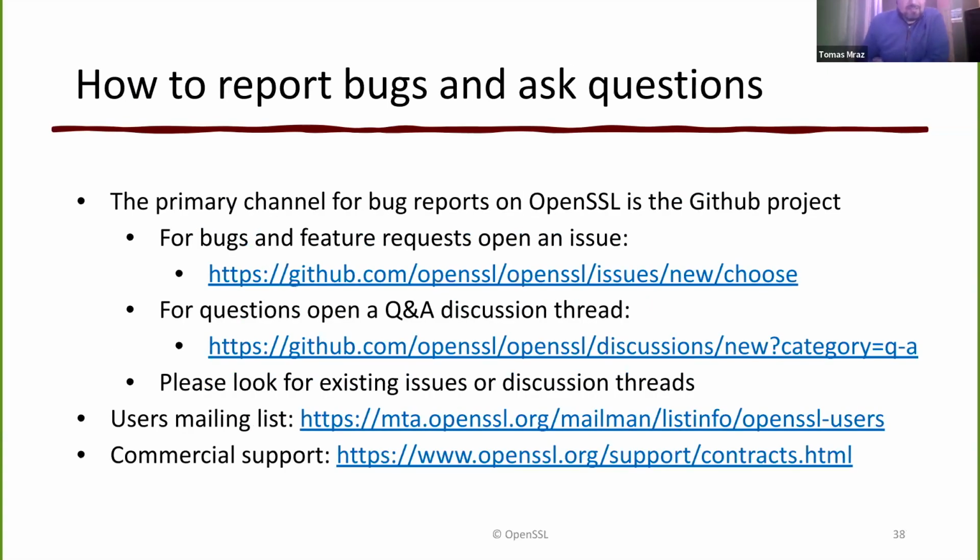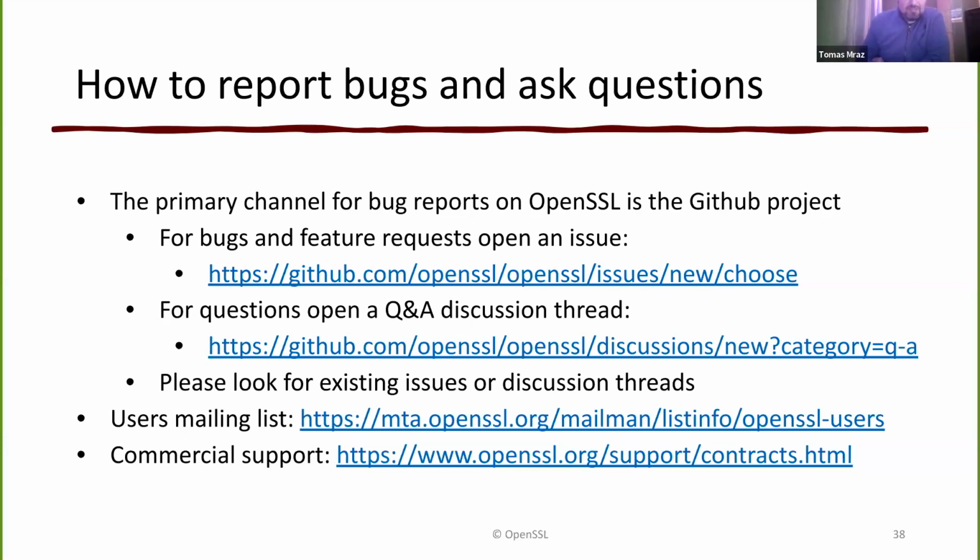As a final thing, I wanted to cover how to report bugs and ask questions about OpenSSL. The primary channel for bug reports on OpenSSL is the GitHub project. For bugs and feature requests, please open an issue on github.com/openssl/openssl. And for questions, please open a Q&A discussion thread, again on the same project.